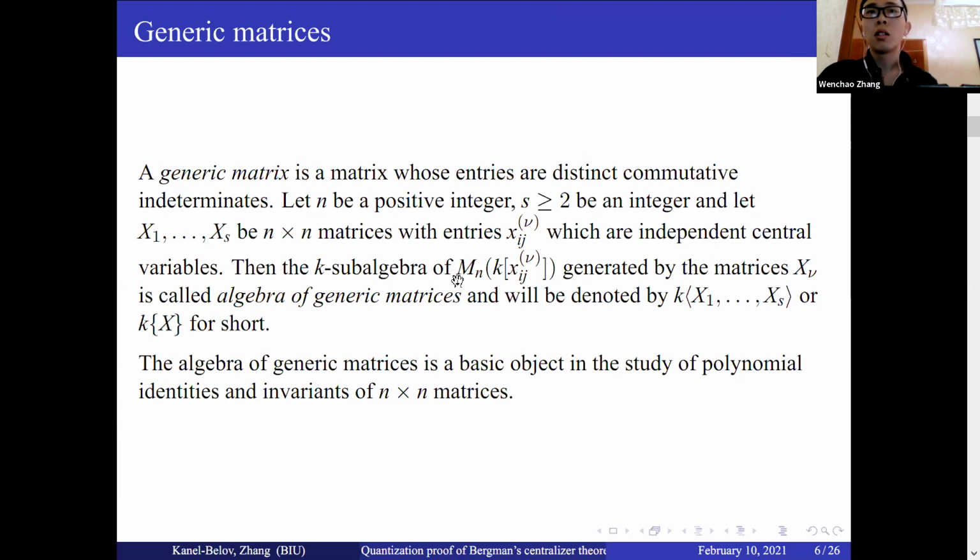Then the k-subalgebra of the matrix algebra generated by the matrices X_nu is called the algebra of generic matrices, and usually we denote it by k<X1, ..., Xs>, or k[X] for short. The algebra of generic matrices is somehow a basic object in the study of polynomial identities and invariant theory for n by n matrices.